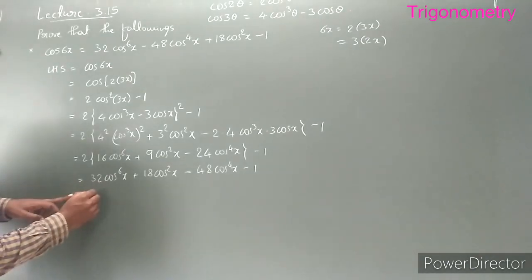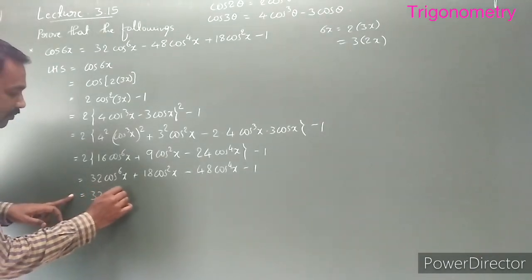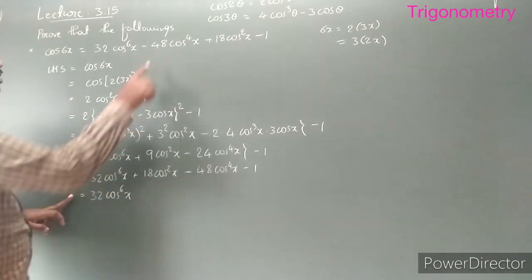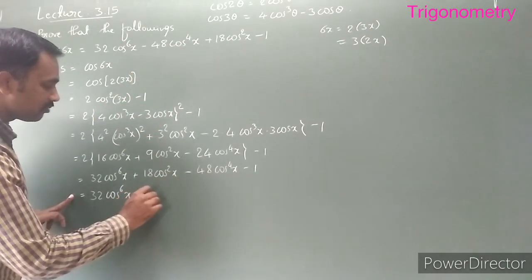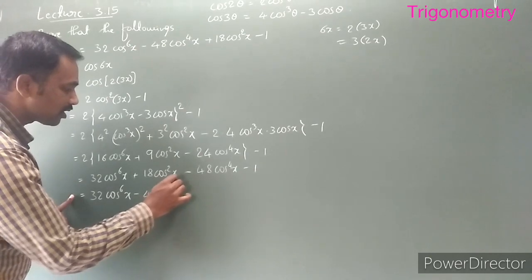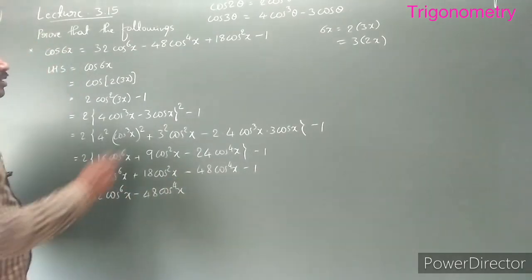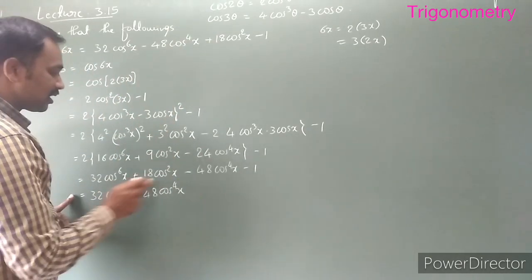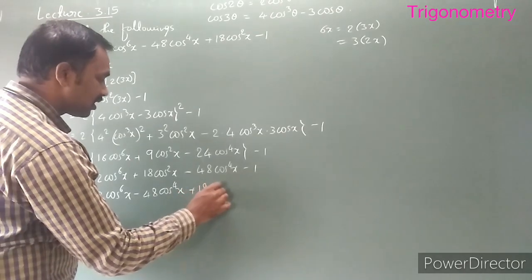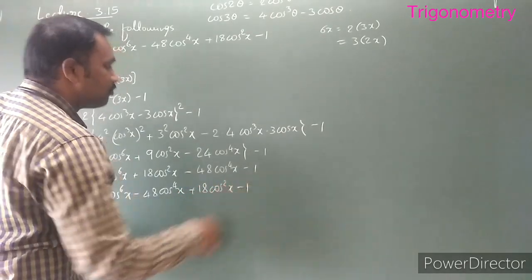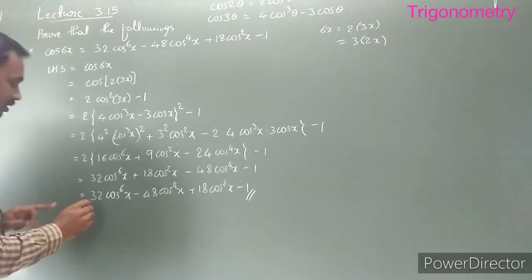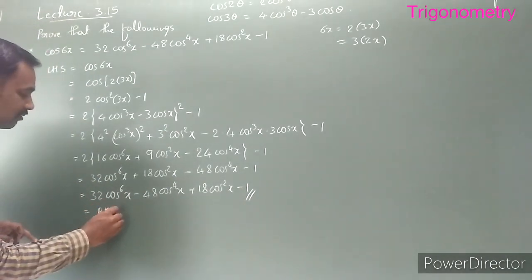What is the required result? 32 cos^6 x, already is that. Minus 48 cos^4 x, yes, already is that. Plus 18 cos^2 x, yes, already we have that, minus 1 as it is. Now, the required RHS. What is the required RHS?